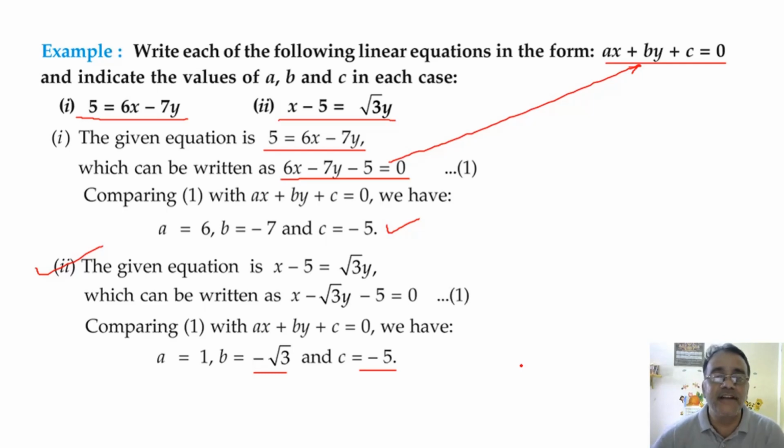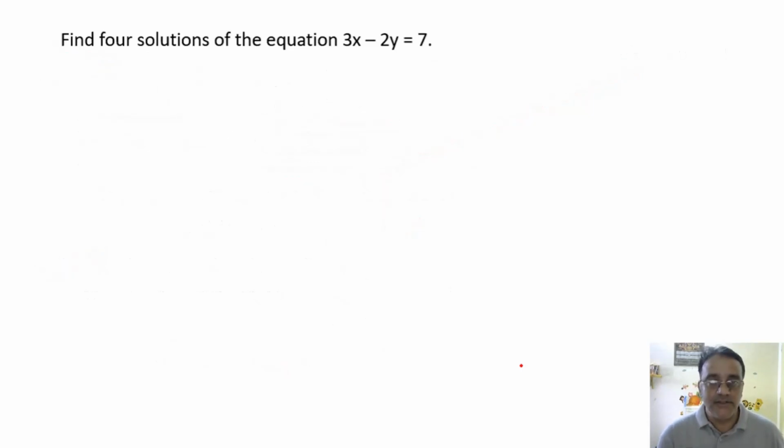Now we'll move towards finding the solution. Solution of a linear equation: find 4 solutions of the equation 3x minus 2y is equal to 7. So what will we do? Look carefully.